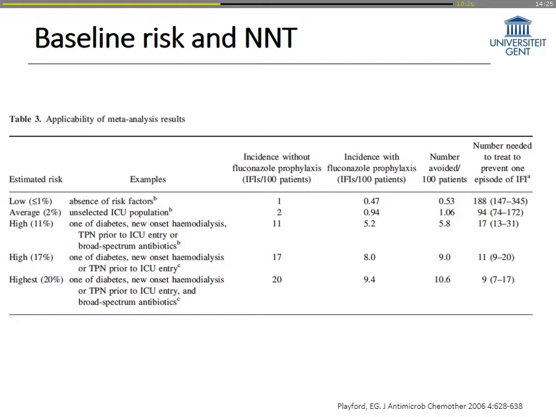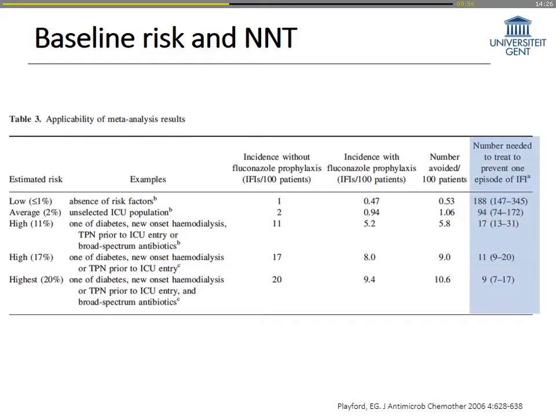And this is a nice analysis that was done. Although it's already 10 years old, it still holds a lot of value today. These investigators looked at different patient categories based on the estimated risk, as you can see here on the left. And they calculated the number needed to treat to prevent one episode of invasive fungal infection.